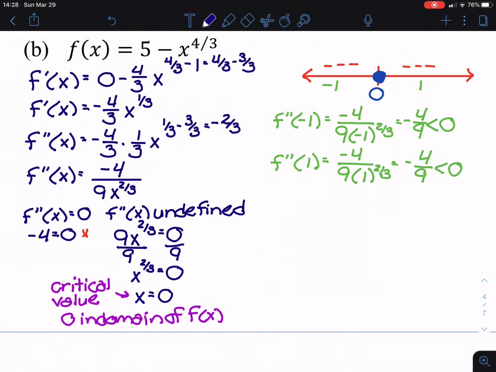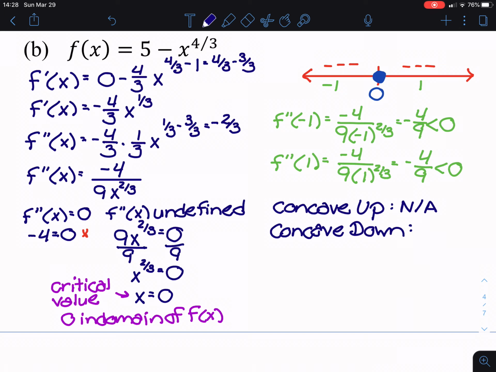So for my answers, where am I concave up? I'm not concave up anywhere. So that's NA. Okay. Where am I concave down? Well, I'm concave down from -infinity to 0, and then again from 0 to infinity.